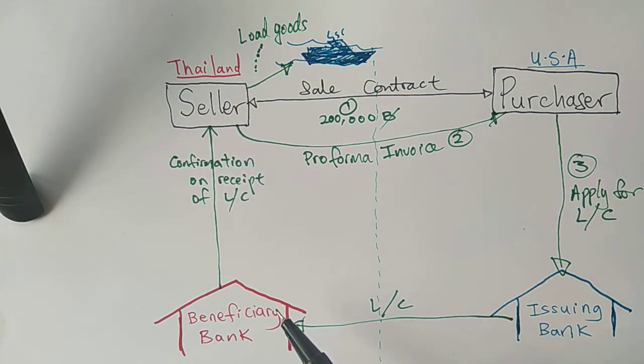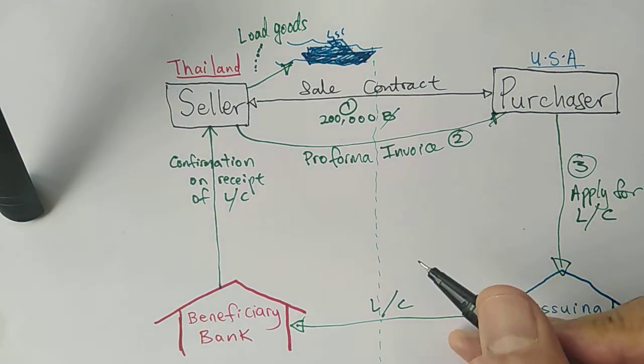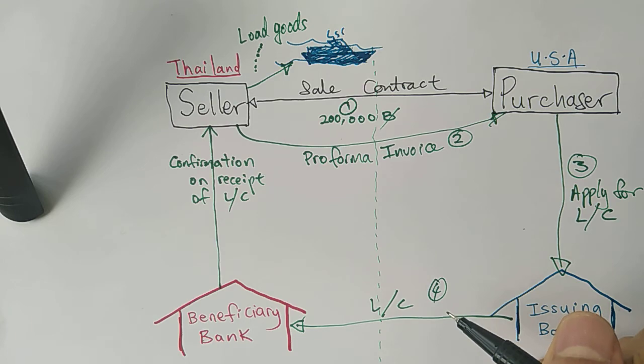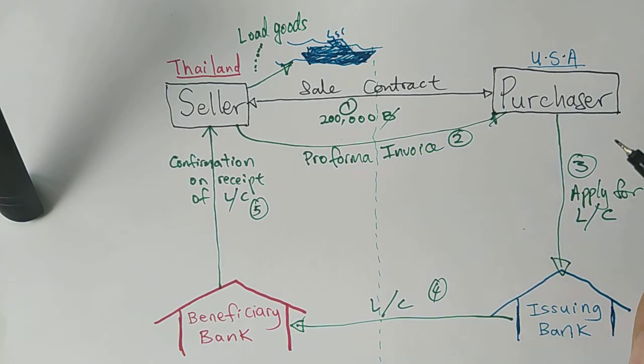All right. When the goods are loaded, so let's say here is 3, 4, confirmation 5, step 5.